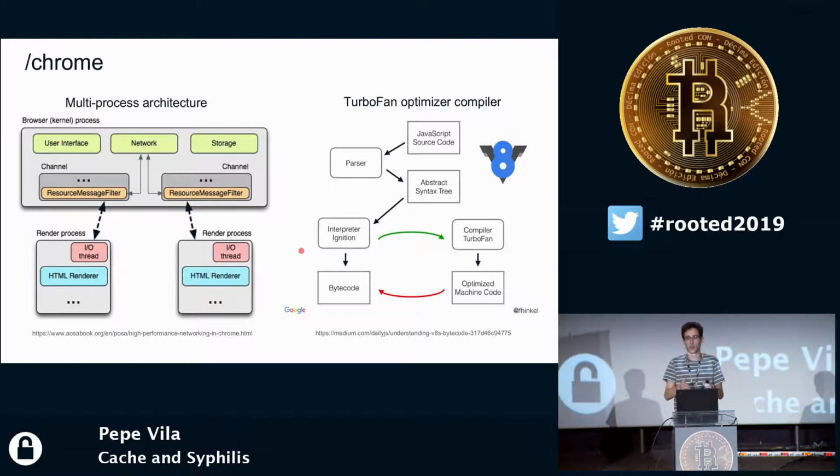TurboFan is the just-in-time compiler, which will do the optimized compilation. In JavaScript, when a function starts getting hot, as we call it, the compiler will start optimizing it.